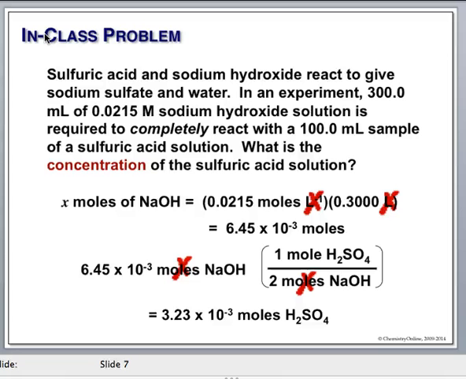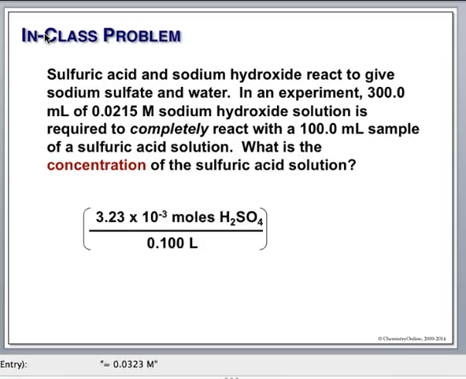And finally, to answer the entire problem here, what's our concentration? We know the number of moles. We know the number of liters. And our sulfuric acid is at a concentration of 0.0323 moles per liter. So this is what we did in Chapter 7. Just kind of an intro to Chapter 8 here.